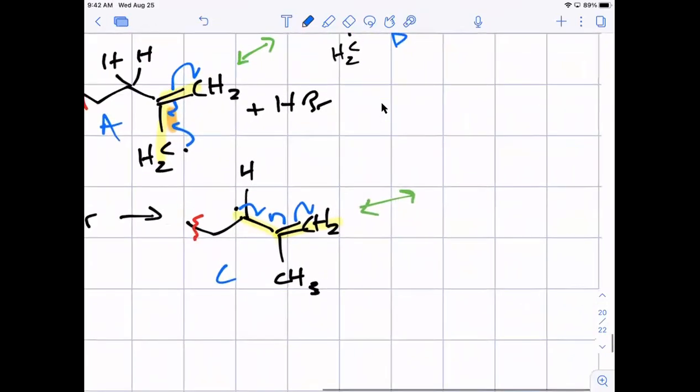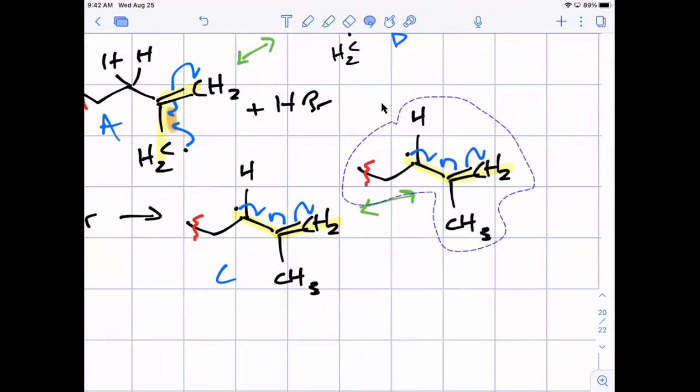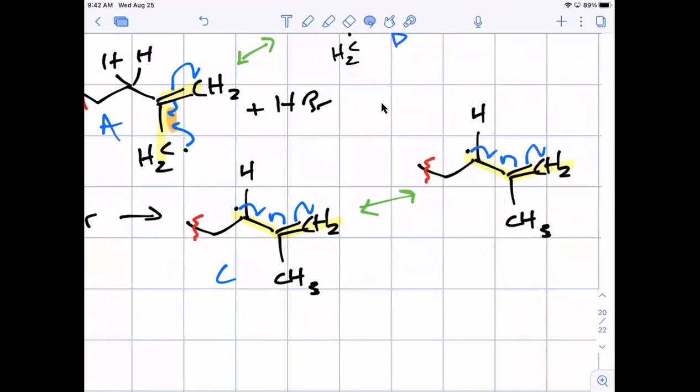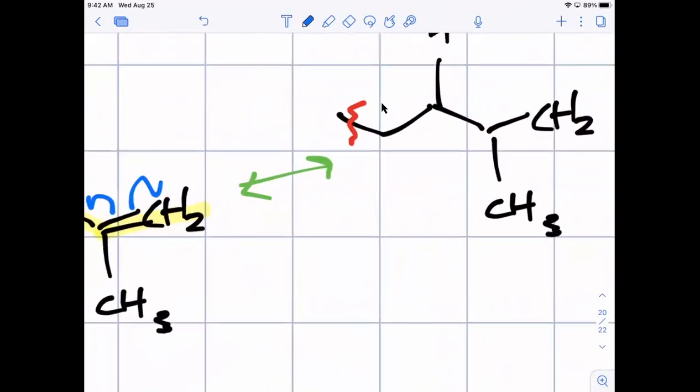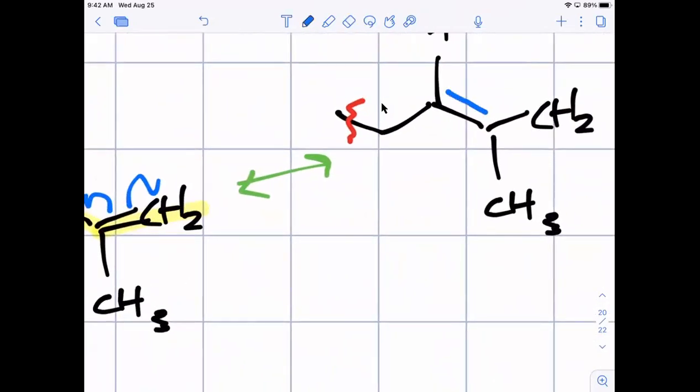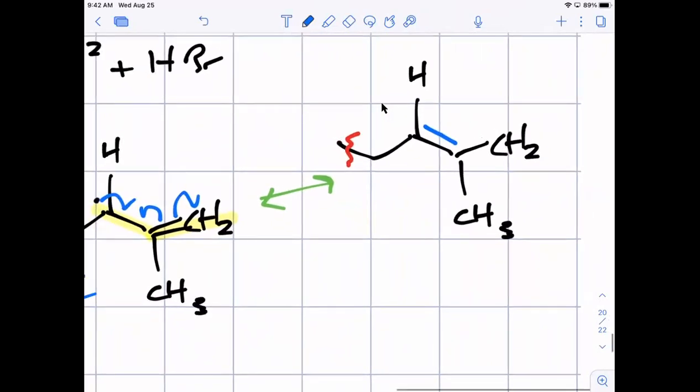Yes. So I'm going to cheat again. So now I'm going to have a double bond here and one electron here on this carbon. Are y'all following?